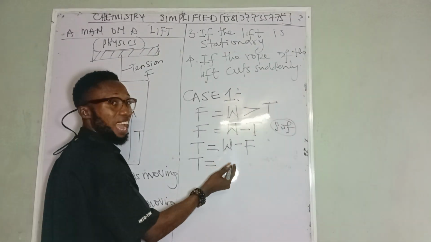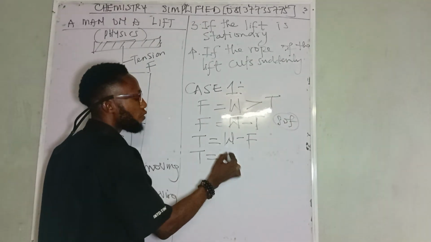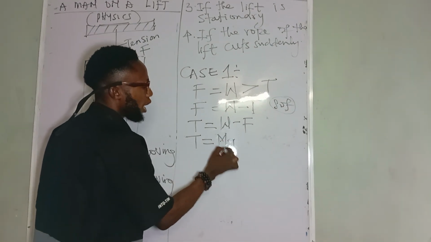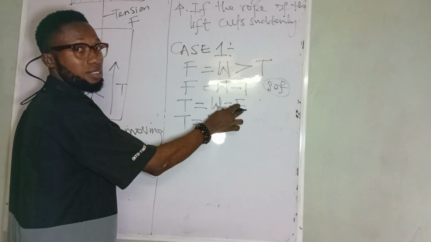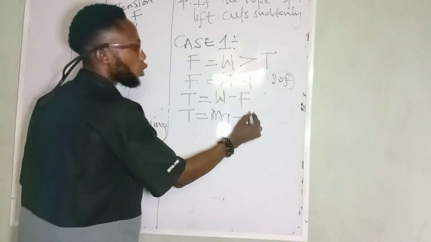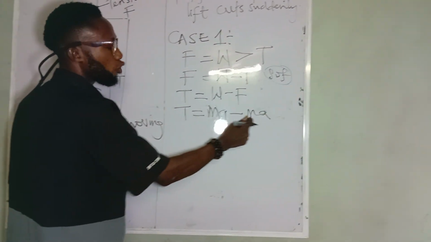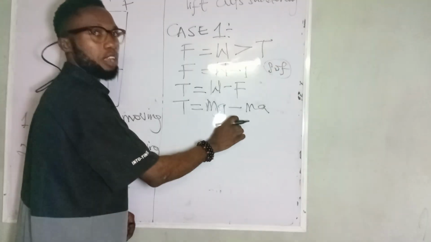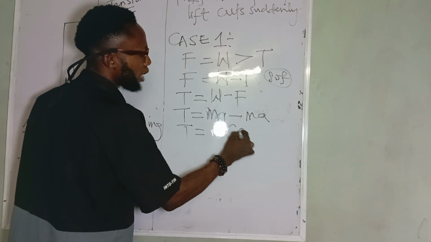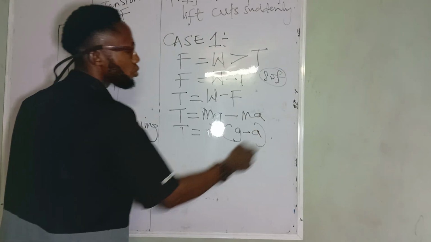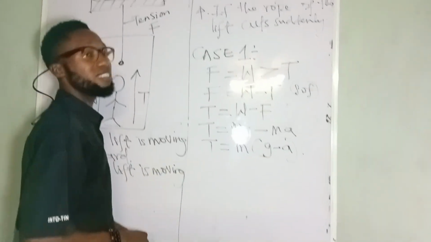Weight is mass times acceleration due to gravity. You have mg minus force, and force is mass times acceleration, so you have ma. So what is common here? Mass and mass. Then you can factorize the mass out. So you have T equal to m open bracket g minus a. Do you understand? Very, very simple, right?